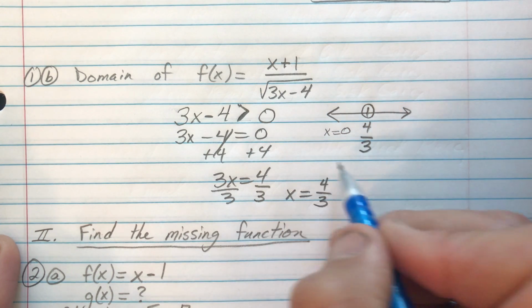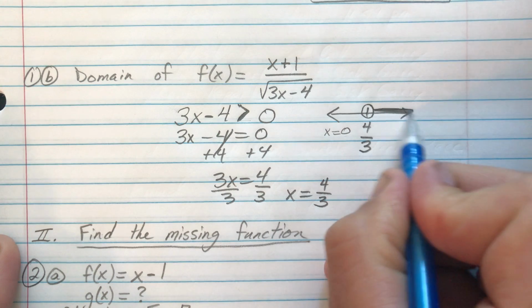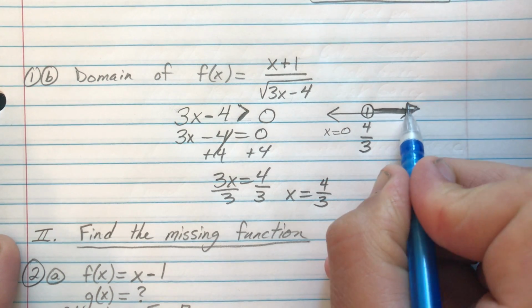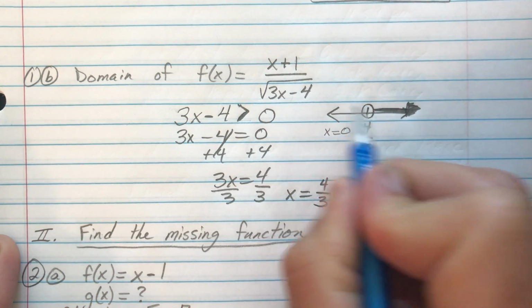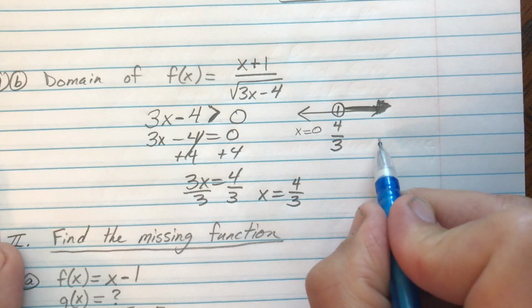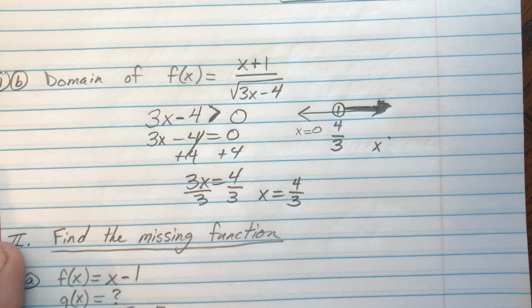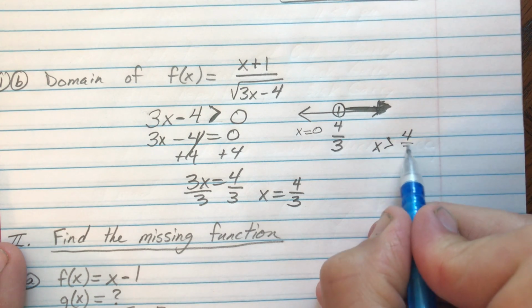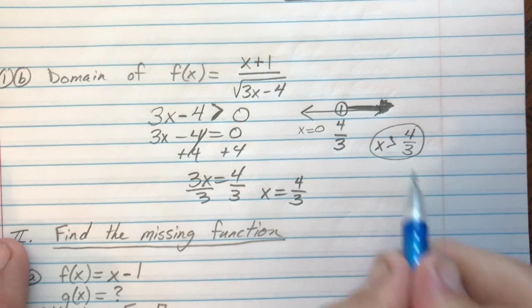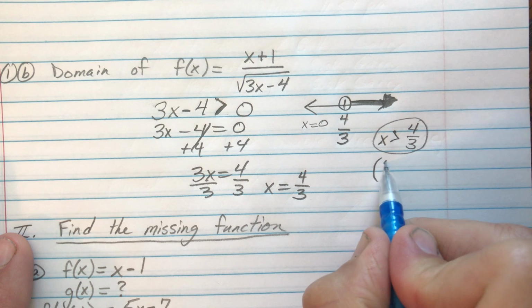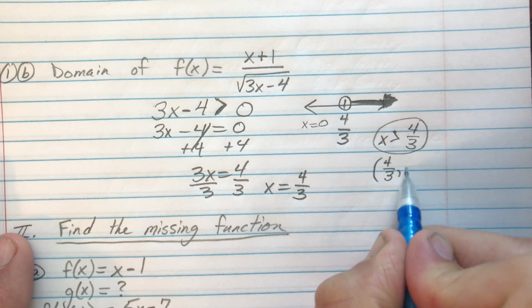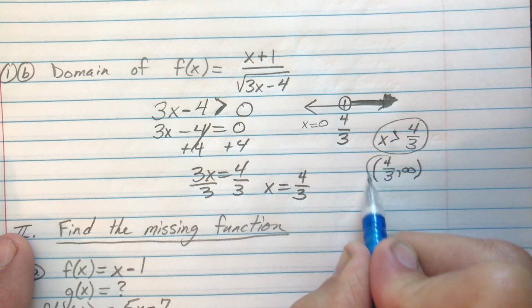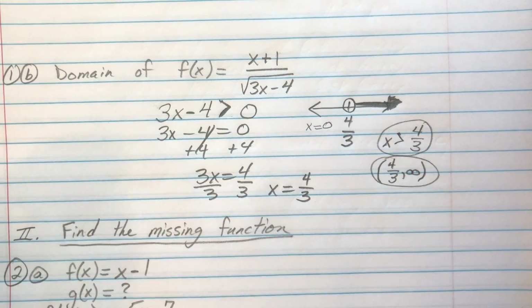Can you square root 2? Yes. It's not very nice, but yes, you can square root it. So the solution for the domain of this question is all values bigger than 4/3. You can write x is greater than 4/3, or you can use interval notation and use a parenthesis, 4/3 to infinity. Those mean the same thing.